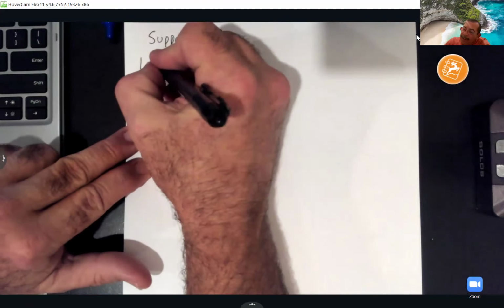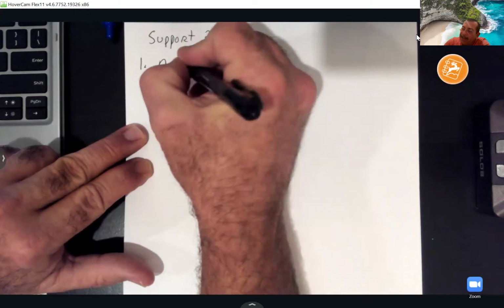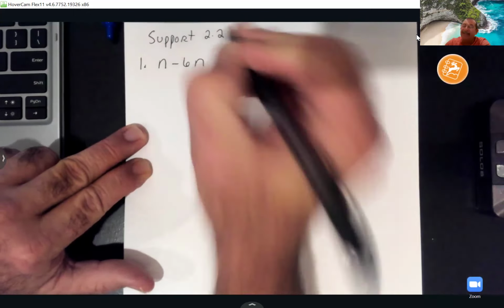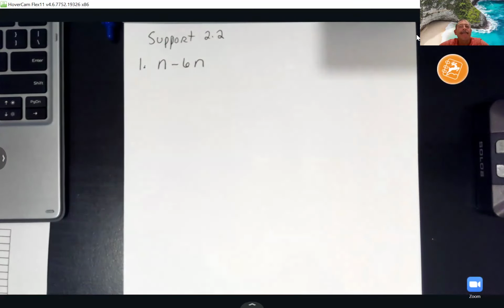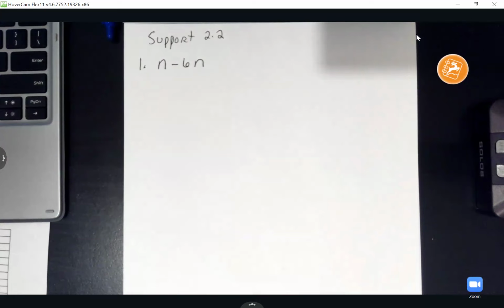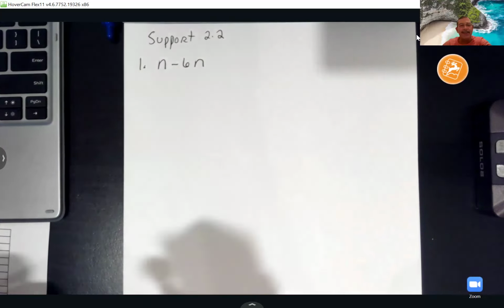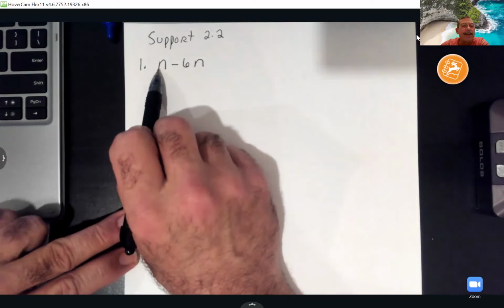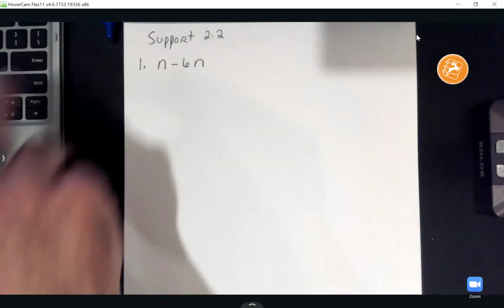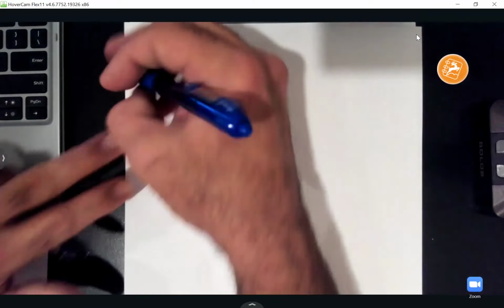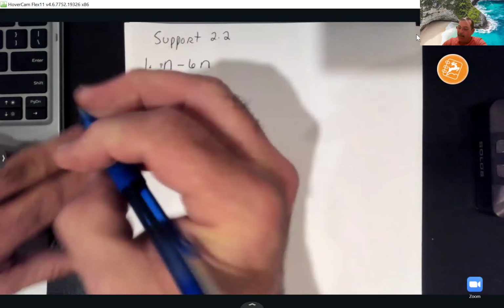So what will this give me? n minus 6n. What do y'all think that'll give us? Well, let me ask y'all this. What number's in front of this n? It's a 1. So that's a 1.